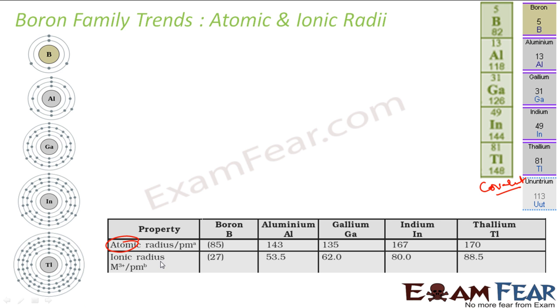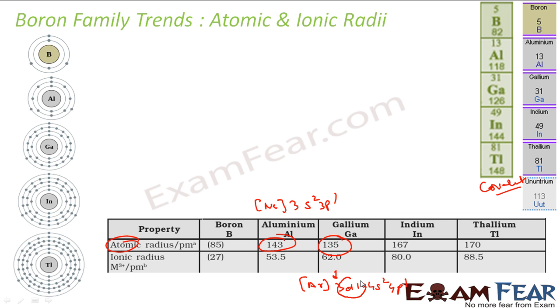Let's talk about this exception now, right? We have seen aluminum and gallium. Aluminum is bigger than gallium. We have discussed this actually. When you see aluminum and gallium, you write the electronic configuration of aluminum. It is neon 3s2 3p1. Talk about gallium, it is argon 3d10 4s2 4p1.